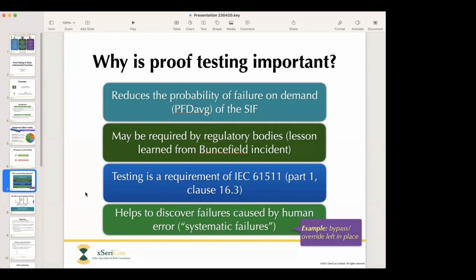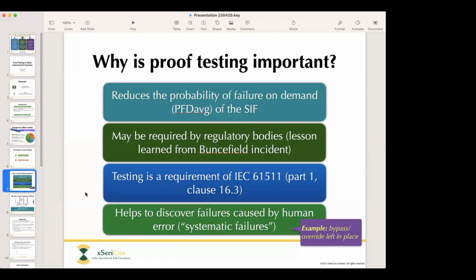The second reason is that regulatory bodies may demand or insist that you perform proof testing. And this was one of the lessons that was learned from the Buncefield incident, which, in case you're not familiar with it, is in my top 10 list of incidents that every process safety practitioner should know about. It was in the UK about 15 years ago.